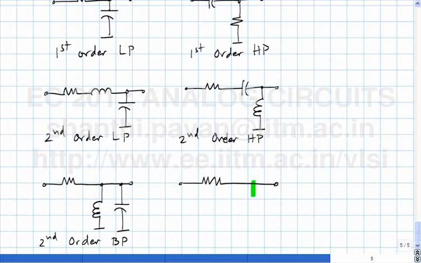What should I put here to make it a second order band stop? So basically the output should become 0 for a certain frequency. So this arm must become a short circuit for a certain frequency, which means that I can replace this by a second order LC series band stop. Okay.